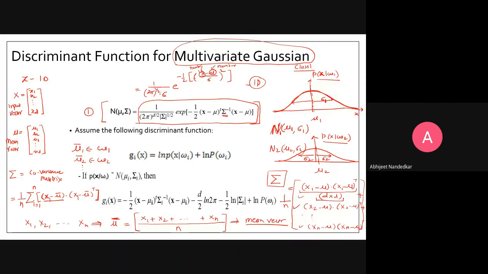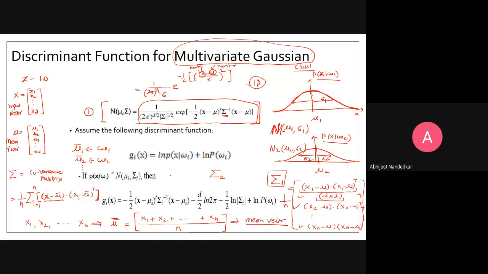You add all these matrices and divide by n. That will give you, for example, the covariance for class 1, which I can call capital sigma 1. Then we can find capital sigma 2 and so on.